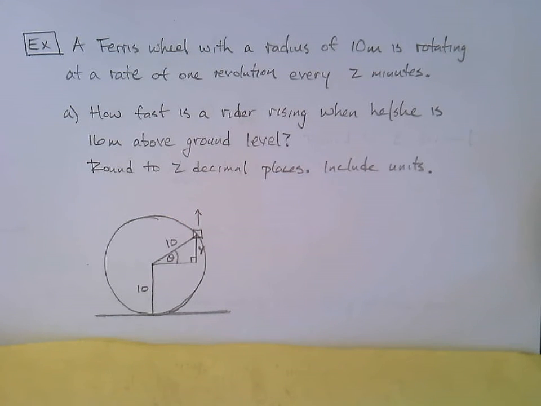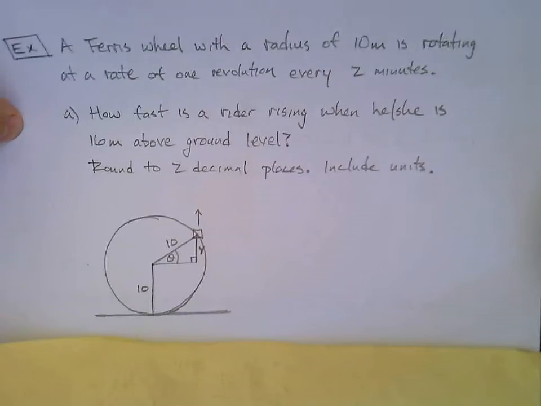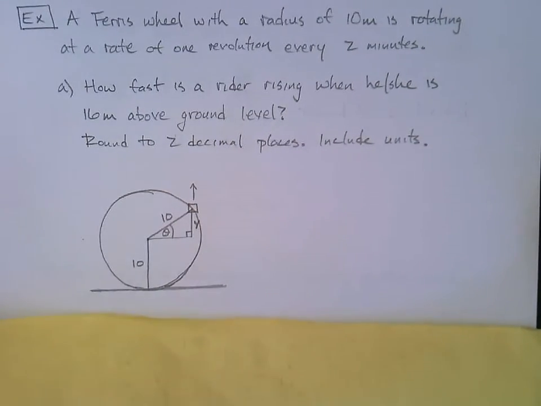Can you think of a way to connect theta and y, and the 10 will be involved as well? Can we connect theta and y in an equation from all the math you've ever learned? Well, yeah, I think we can with some trig, right?